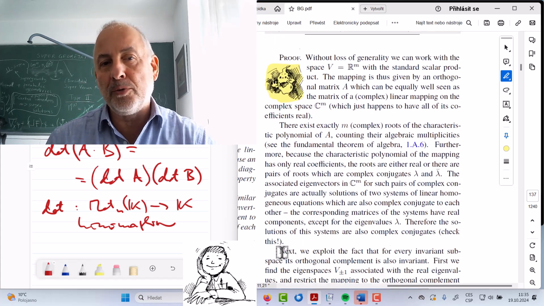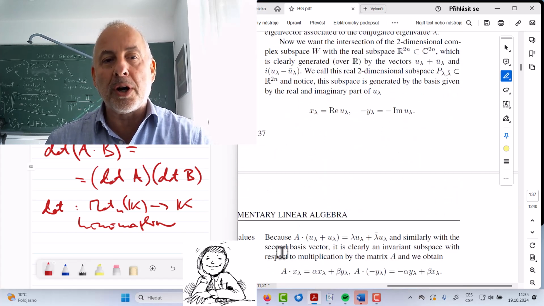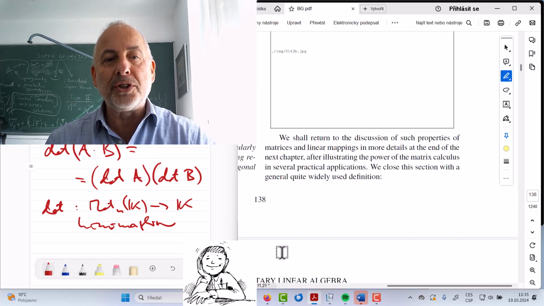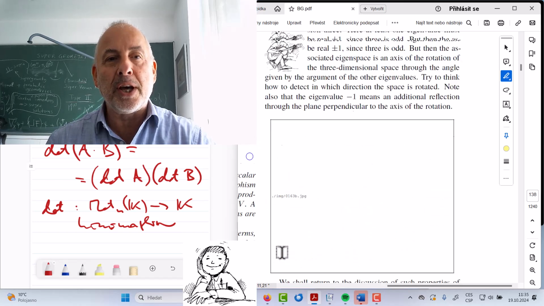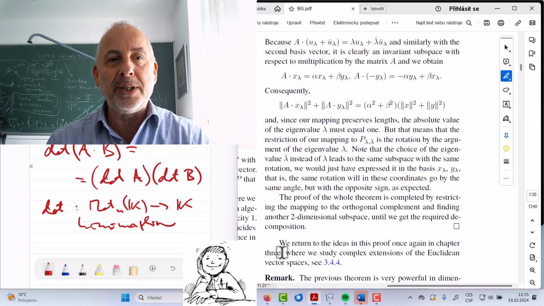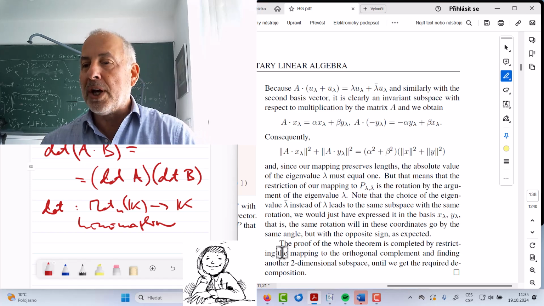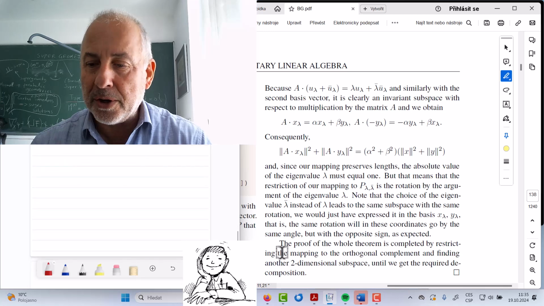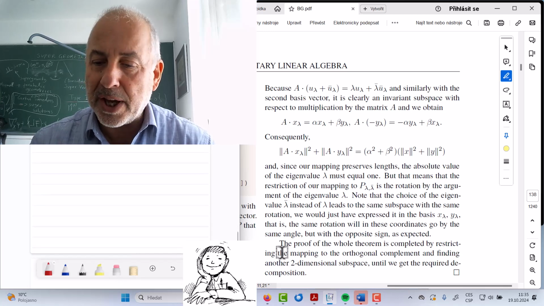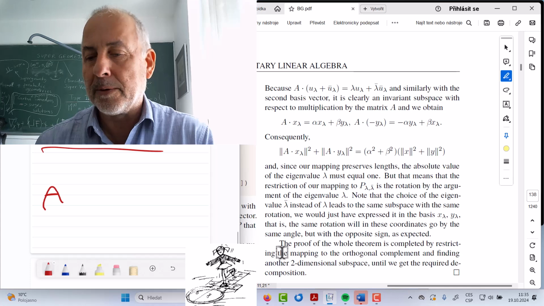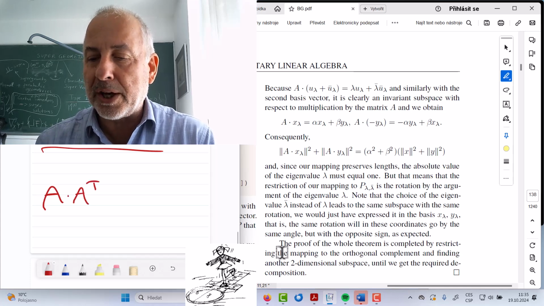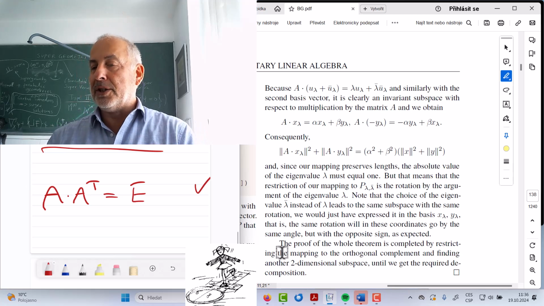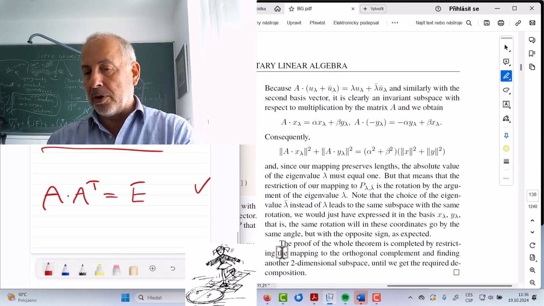So it's actually absolutely explicit and complete information. And particularly if you would be dealing with computer graphics, you are perhaps interested how these things happen in dimension 3, right? And in dimension 3, it's particularly easy because you simply get your matrix A. You check whether A times A transpose is E. If yes, it's an orthogonal mapping.